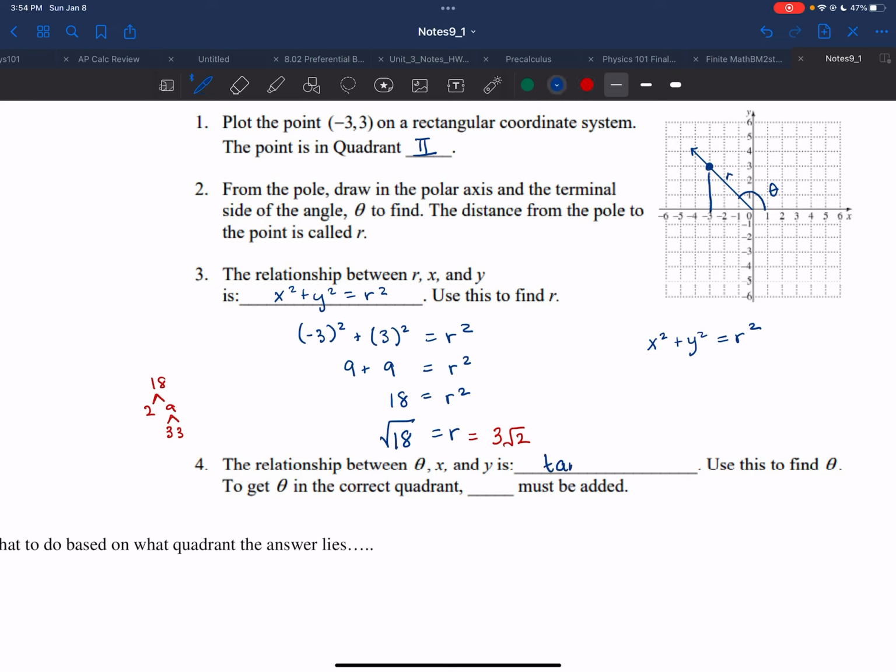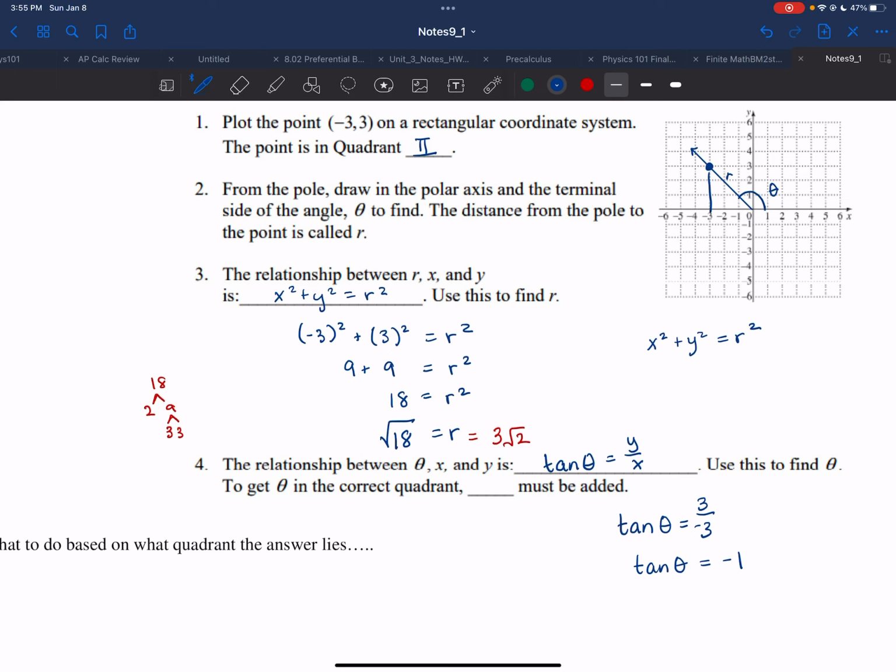It's the tangent of theta is equal to y over x. Use this to find theta, to get theta in the correct quadrant. Something must be added. So we're going to talk about the quadrants in a second, but let's go ahead and write out that value. So tangent of theta is equal to 3 over negative 3, right? So the tangent of theta is equal to negative 1.